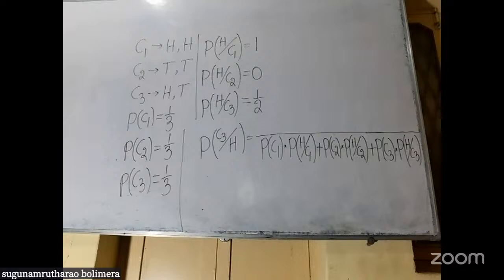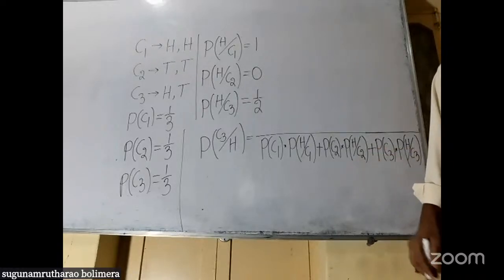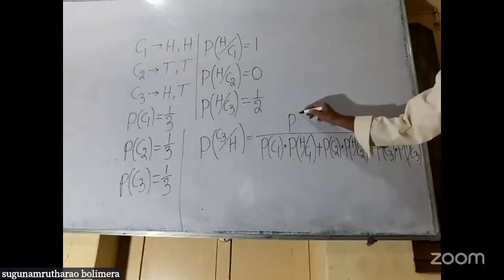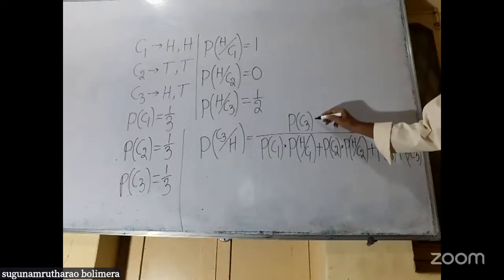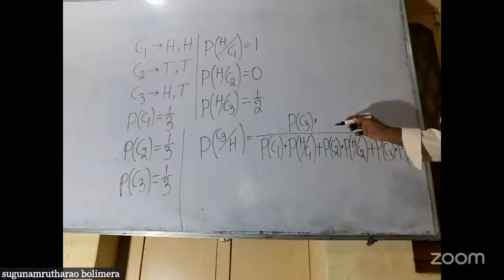What is favorable? Then it must be C3. C3 is favorable. So P of C3 and P of head from C3.